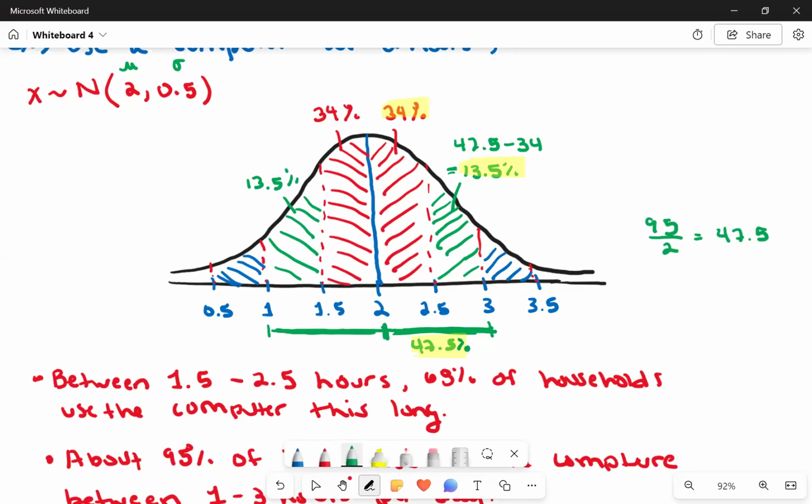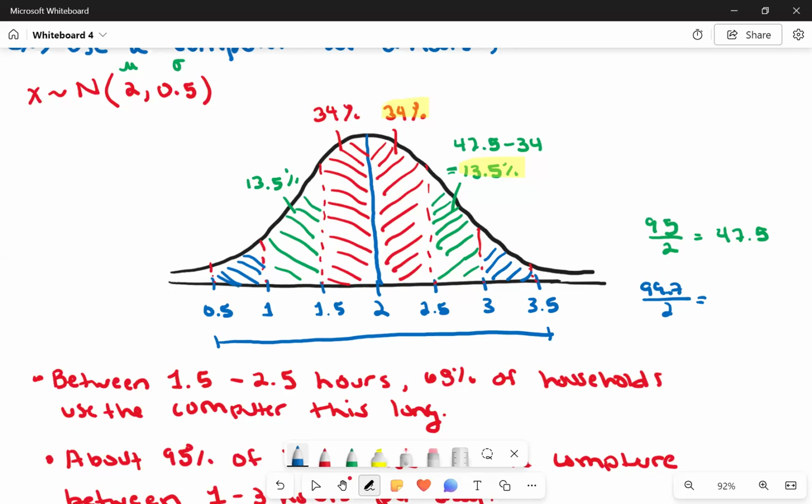All right, now let's do the blue one. I'm going to go ahead and erase my work underneath here to do that. So the blue one then, 3 standard deviations from here to here is 99.7%, which I'm going to go ahead and cut in half. That's a decimal there.